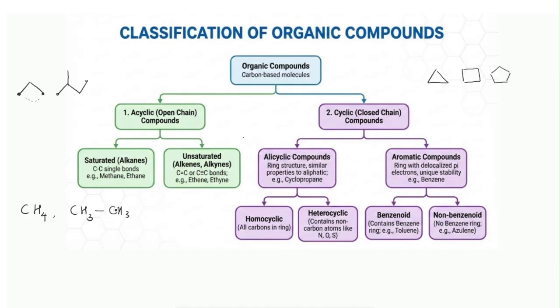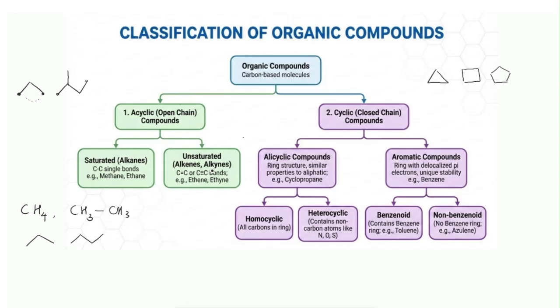You see there are only sigma bonds in them. So they are considered completely saturated. We can even write propane, butane, etc. So these are some of the examples for saturated molecules. Alkanes are the saturated molecules. They have carbon-carbon single bonds in them.